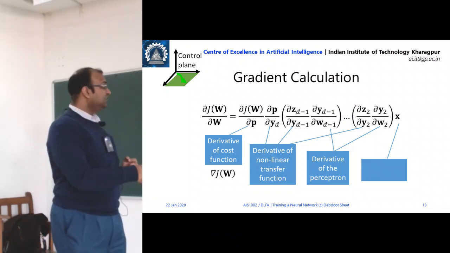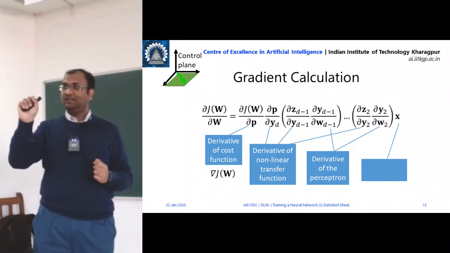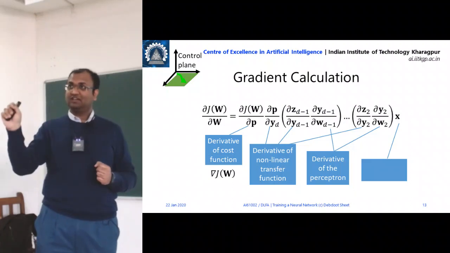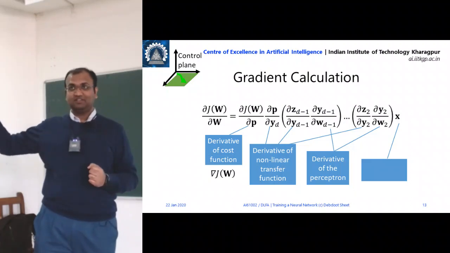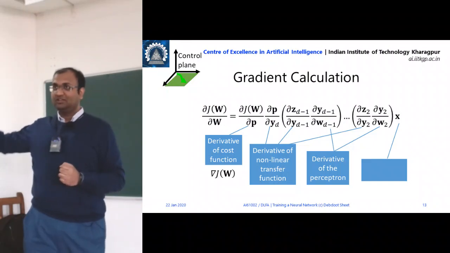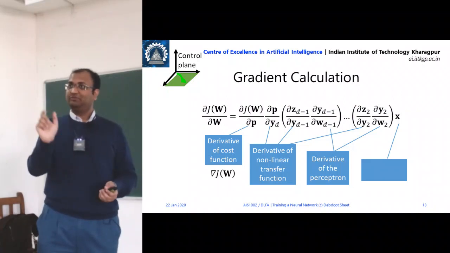So this derivative is essentially, if you calculate del w of J(w), then that is del w of the first layer plus del w of the second layer plus del w of the third layer plus del w of the fourth layer. Like this it keeps on going. Now you need to expand over that whole series. You would see that for some of them it will turn out to be 0.